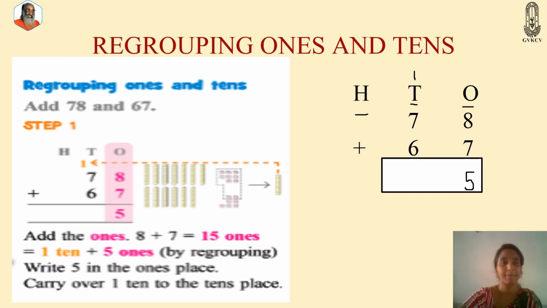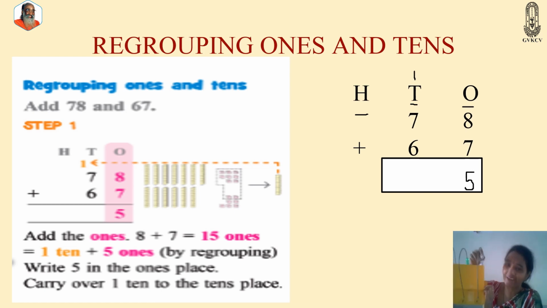Okay. Now let me explain this procedure using an abacus. How many should I add? First 8. See, this is your unit, O for units or ones. You can tell like that.